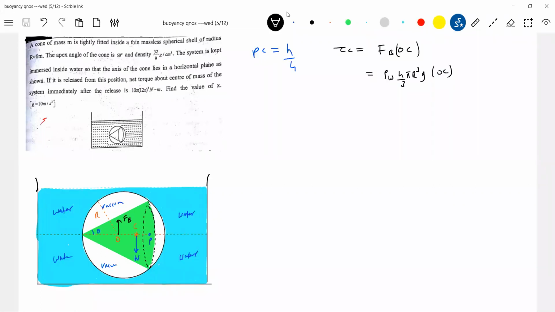We don't know the distance OC. Anybody, how to get the OC value? He has given the apex angle of the cone.